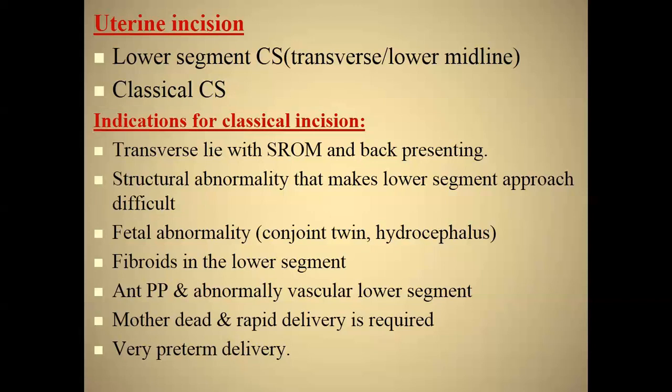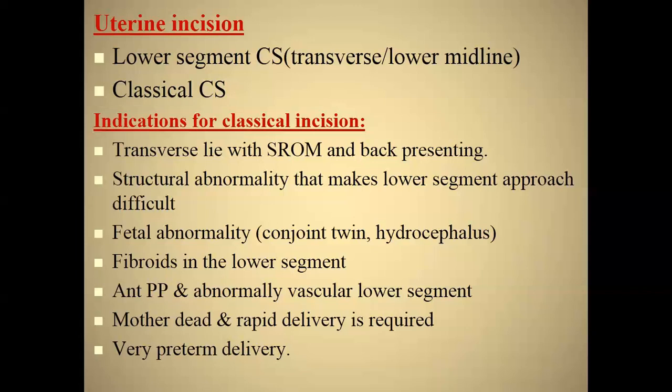Another indication: the mother is dead and rapid delivery is required. Sometimes there is a medical disease or an accident, RTA, and the woman is pregnant and was brought in by persons or the nursing staff, and she needs delivery at once.